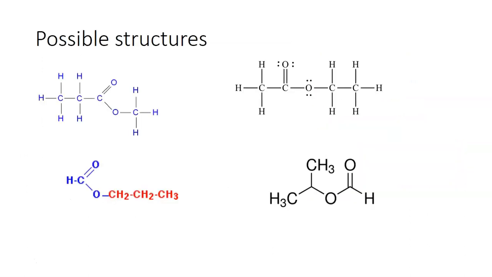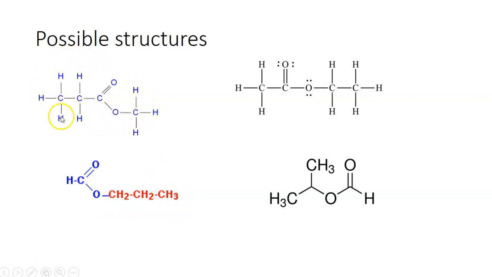So if we go back to here for a sec, this bit on the left hand side of the ethyl ethanoate, so CH3 C double bond O, that's got a mass of 43. So ethyl ethanoate is definitely a possibility. If we look at the bottom left hand one, the bit that's in red here, CH2 CH2 CH3, also has a mass of 43. So that one is a possibility.